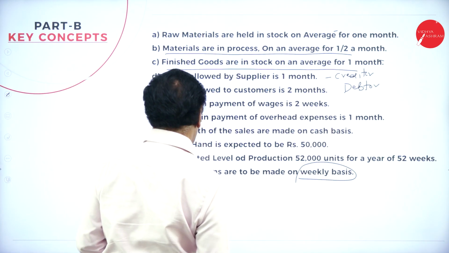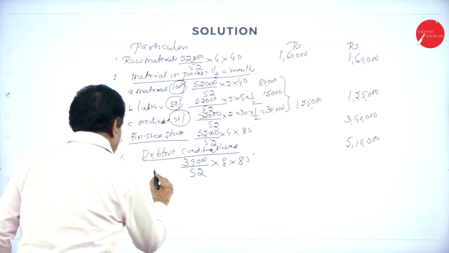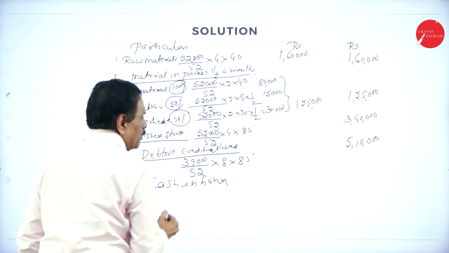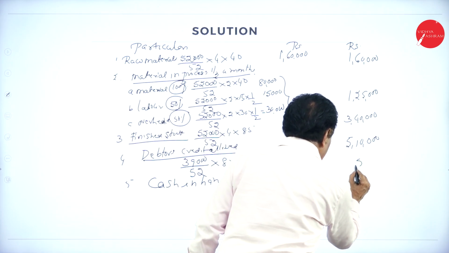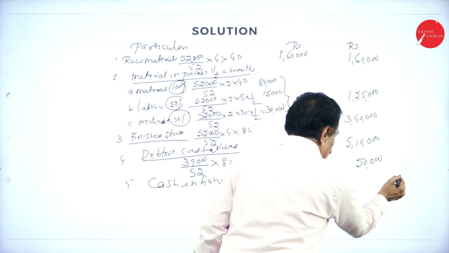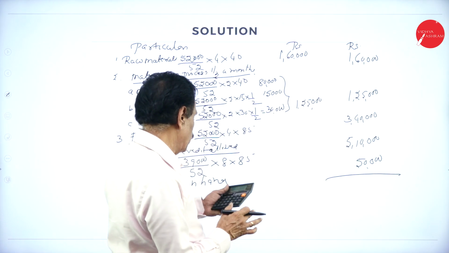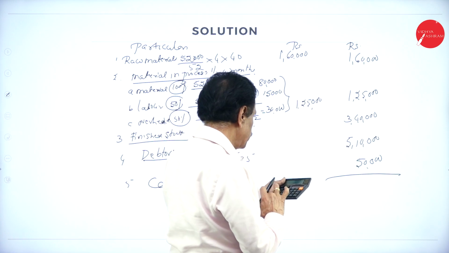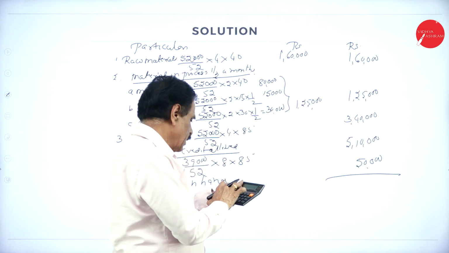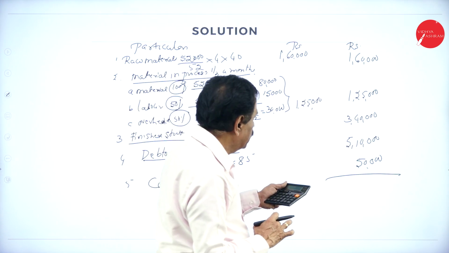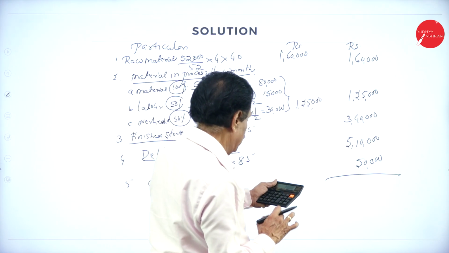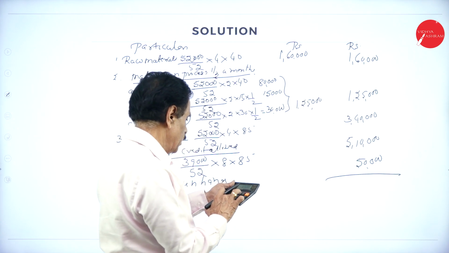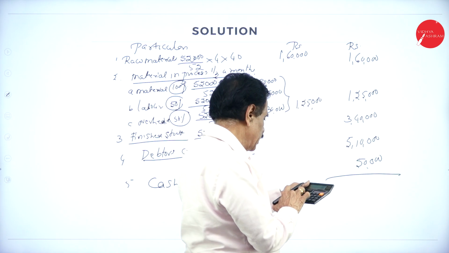Number 5: what's your cash in hand? Cash in hand is 50,000. Add the figures: 5,10,000 plus 50,000 plus 3,40,000 plus 1,25,000 plus 1,60,000.